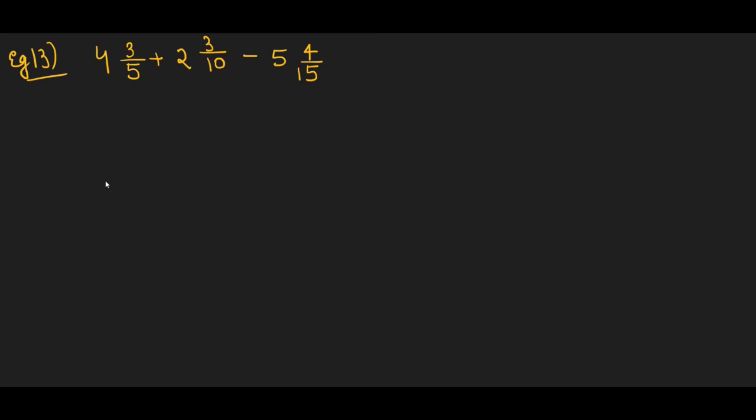First we will convert them into improper fractions. So 5 4s are 20, 23 upon 5 plus 23 upon 10 minus 15 5s are 75, 75 plus 4 is 79 upon 15. Now find the LCM. 5, 10, 15.